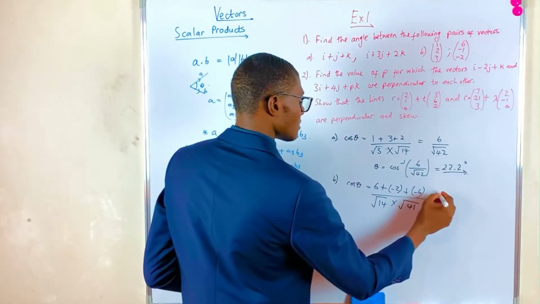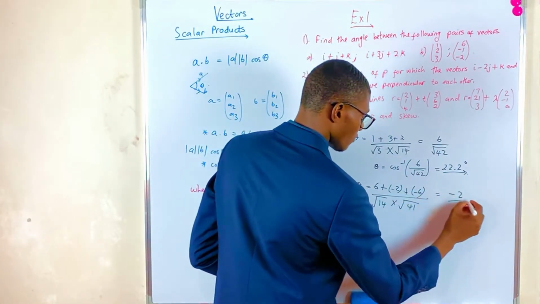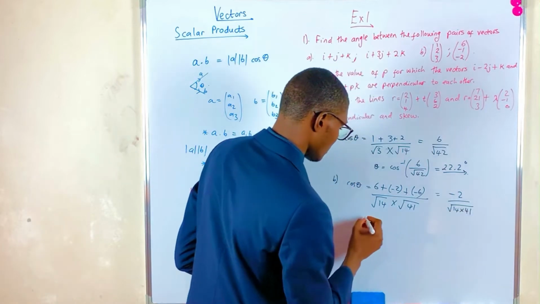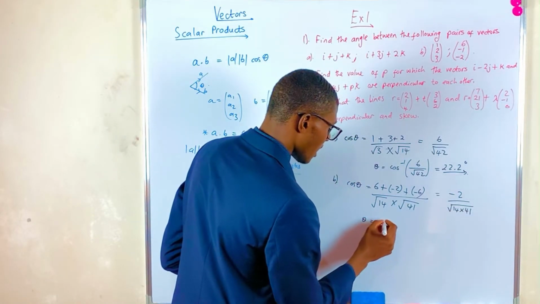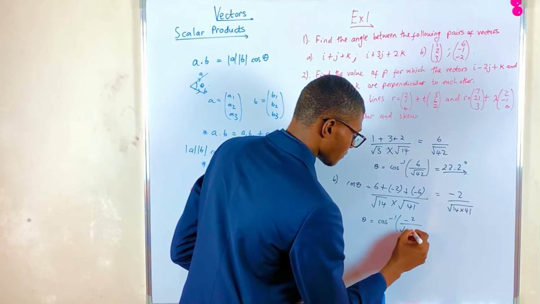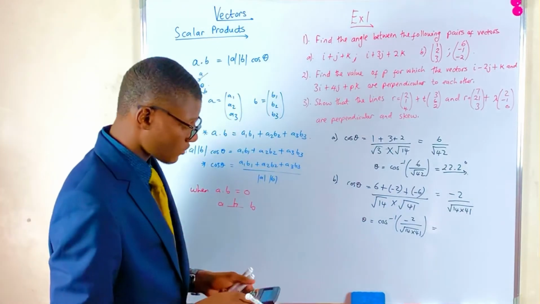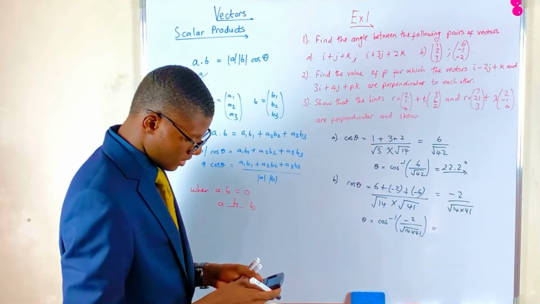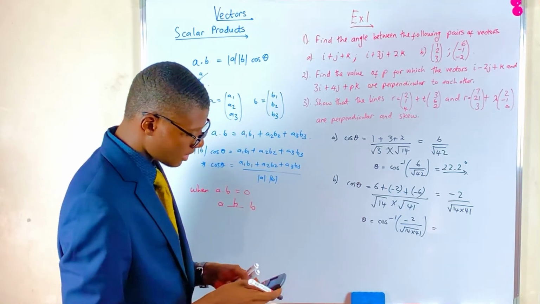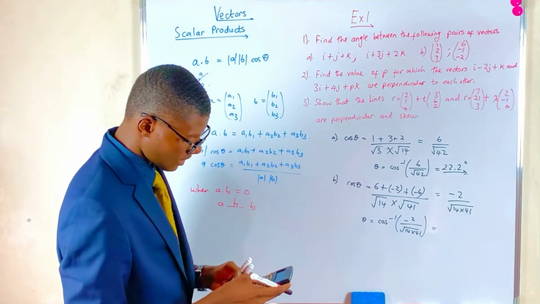Right, and this would be equal to 6 minus 6 gives 0, so minus 2 over root 14 times 41. Then theta would be arc cos of minus 2 over root of 14 times 41.